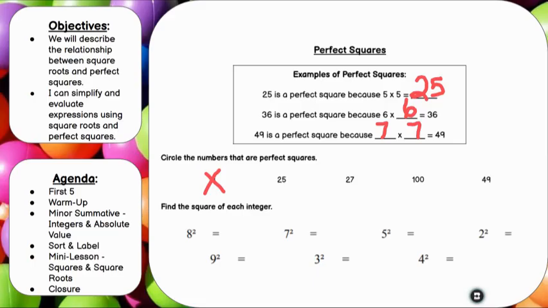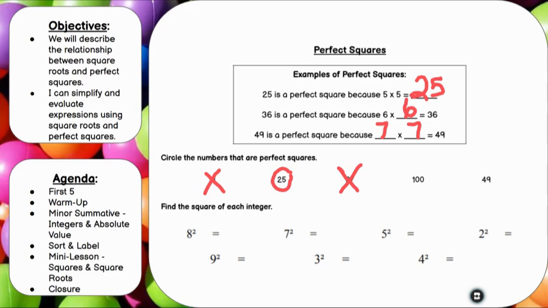Now 25. 5 times 5 would give us 25. So yes, that is a perfect square. How about 27? Is there a number times itself that would give us 27? Nope. 100. Is there a number times itself that would give us 100?